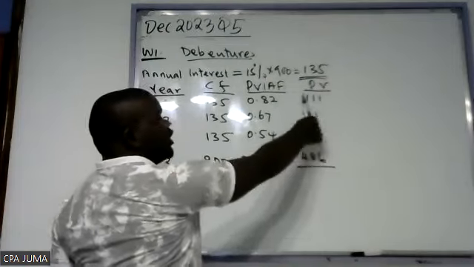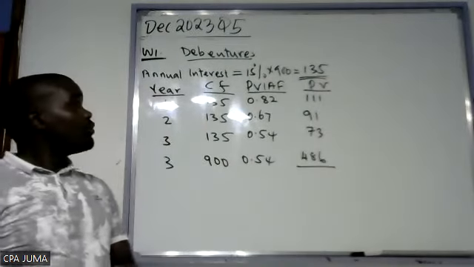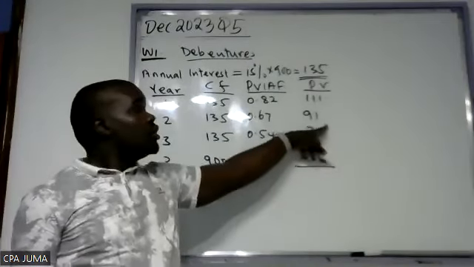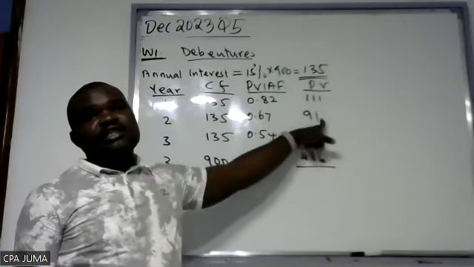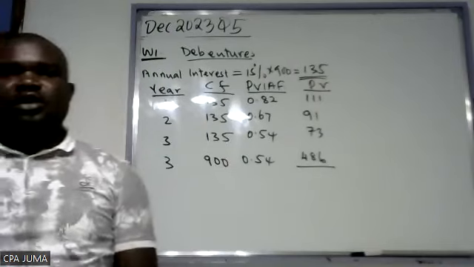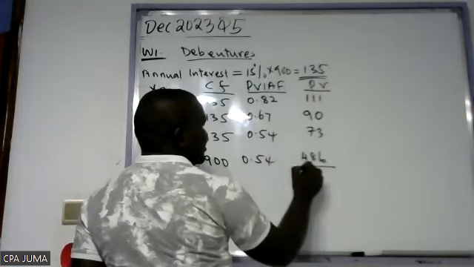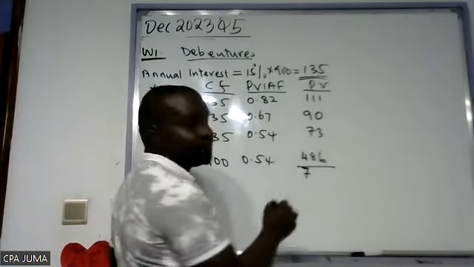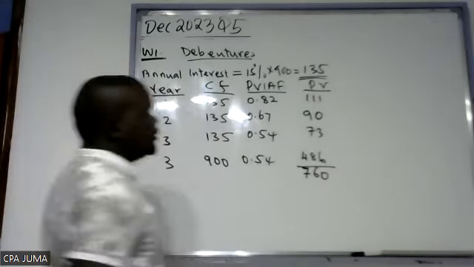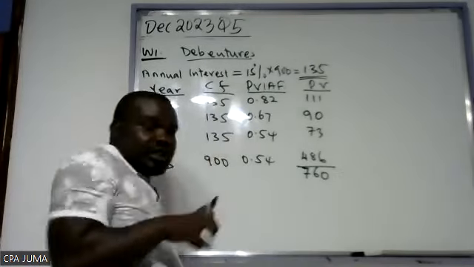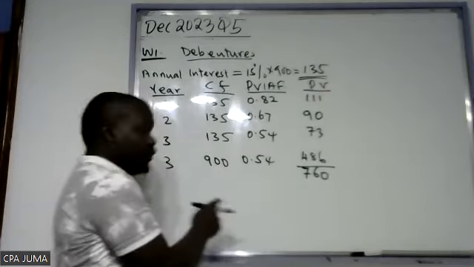This one here. So many people saying 90. Was it 90 or 91? Let's clear the air, mapema. I'm seeing 90. So if it's 90, then this one will be 760. 760 is the value of the bond if you consider the present value right now.